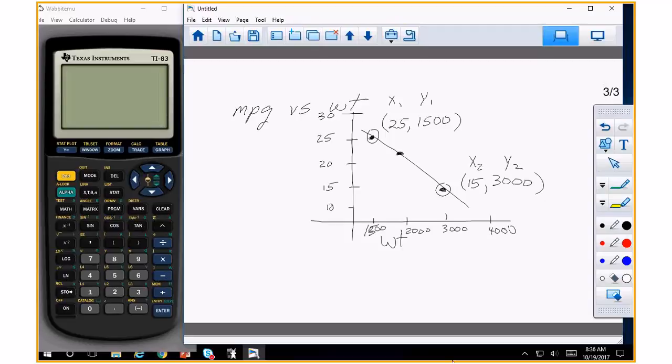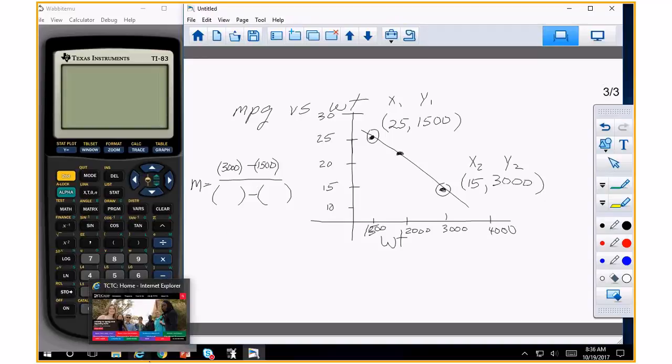So we go to our handy dandy slope formula. Y sub 2 minus y sub 1 over x sub 2 minus x sub 1. Y sub 2 is 3,000. Y sub 1 is 1,500. X sub 2 is 15. X sub 1 is 25.